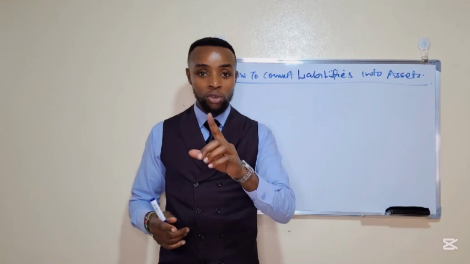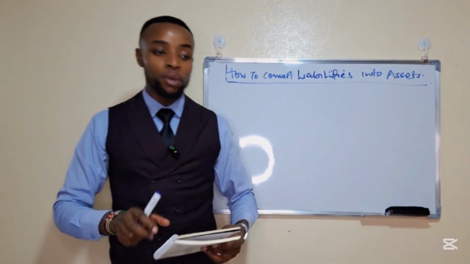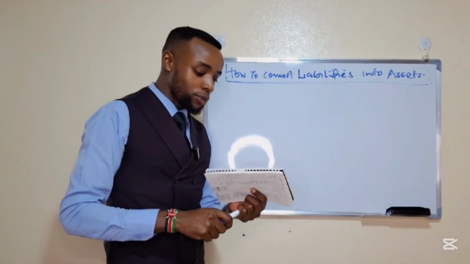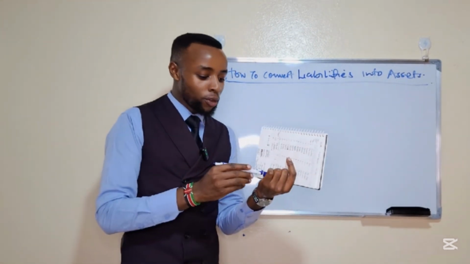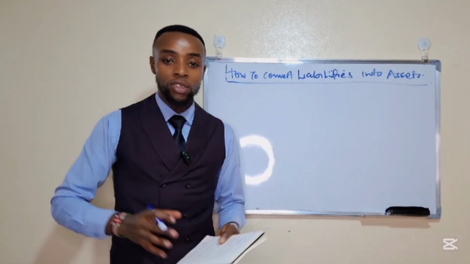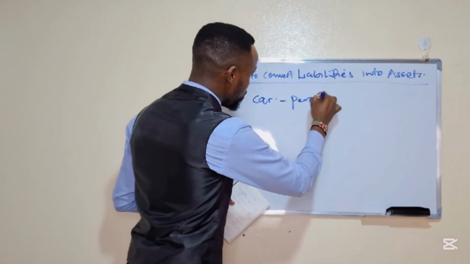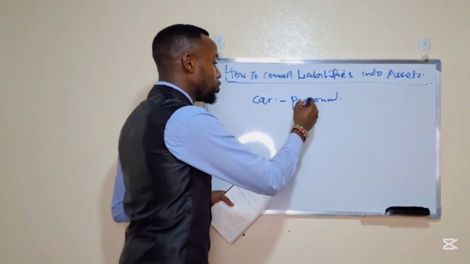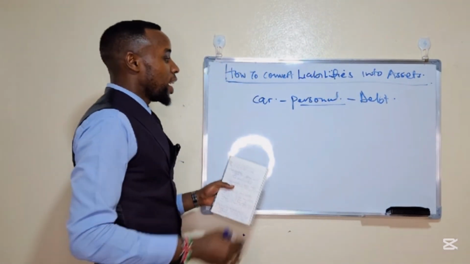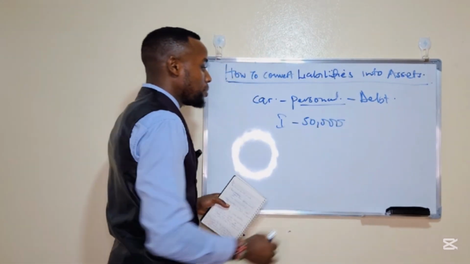Now, ladies and gentlemen, without wasting time, I want to dive deeper into this. I've prepared some notes just to make sure that I don't forget anything. Before I began this video, I gave you a very simple scenario whereby you can have a personal car, and you took this car through debt and you normally pay an installment of 50,000 per month.